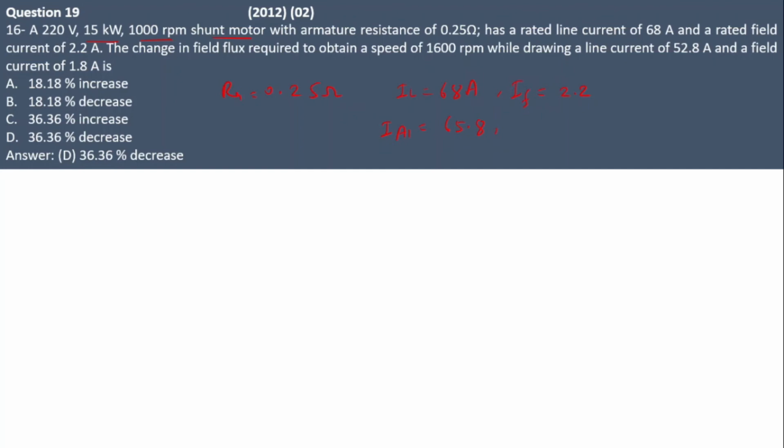Change in field flux you have to calculate to obtain a speed of 1600 rpm while drawing a line current of 52.8 amps and a field current of 1.8 amps.